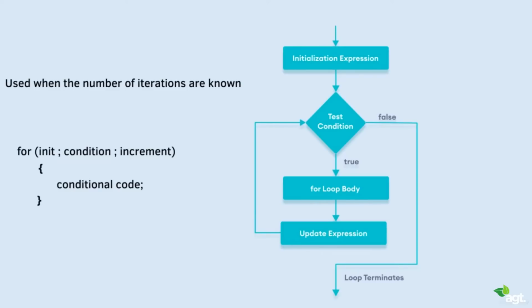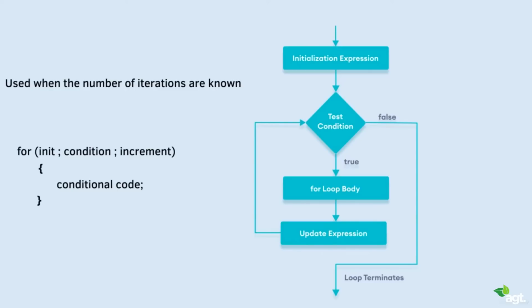Condition means the finishing point, when you want your loop to be terminated. That condition will come here. So here I will write something like i <= 100, that is the condition. Unless and until the i value is less than or equal to 100, it will keep on executing. And increment: since i is 1 and it needs to go till 100, I need to keep on incrementing the value.